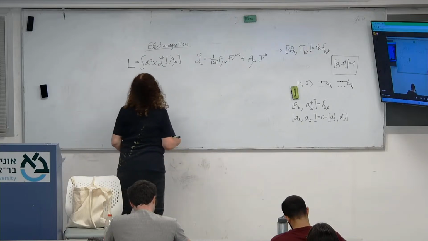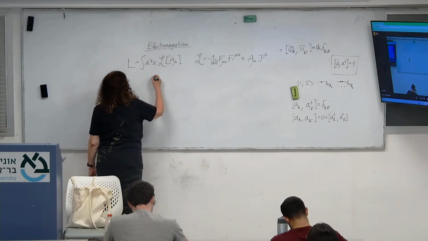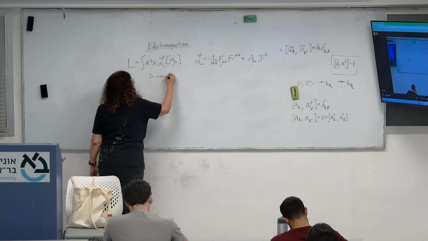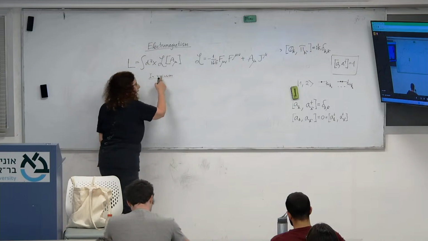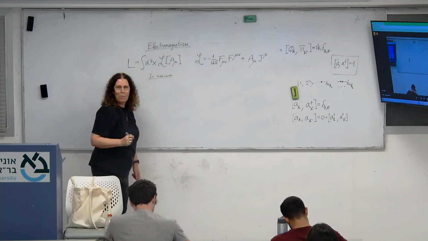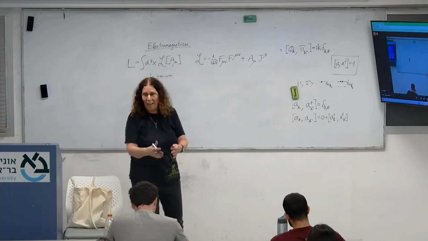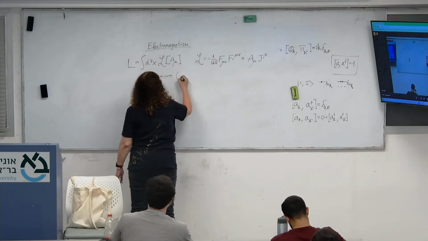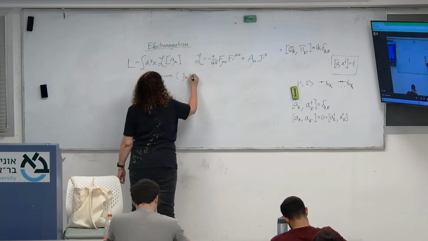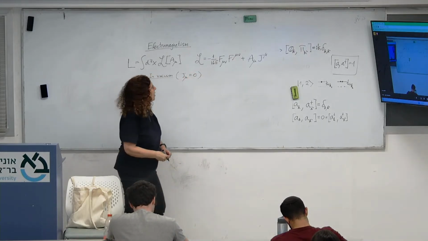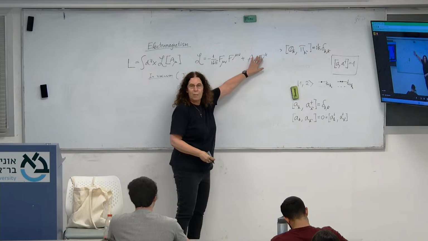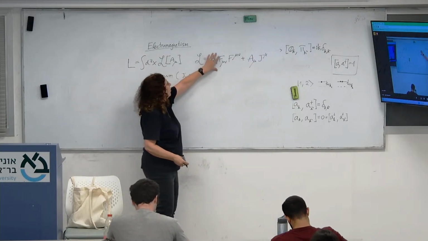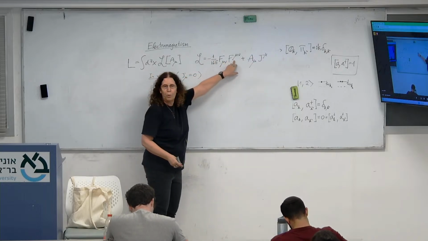And now let us talk about vacuum. Now when I say vacuum, it's not the vacuum of before, it's the real vacuum, no matter, okay? Vacuum meaning J equals 0. The second term does not exist. And I just have F mu nu, right?